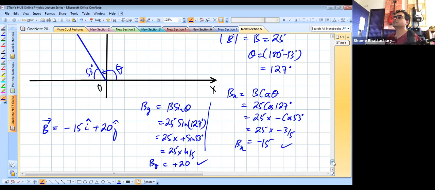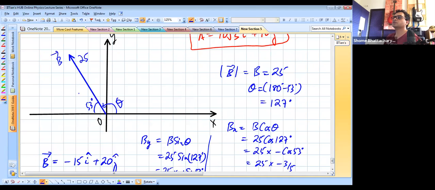And you can very nicely verify this in the diagram also, whether it makes sense fully. You can see that it does, because when you drop this perpendicular here and this perpendicular here, the x component is this one and the y component is this one, and they have values which are negative and positive respectively.